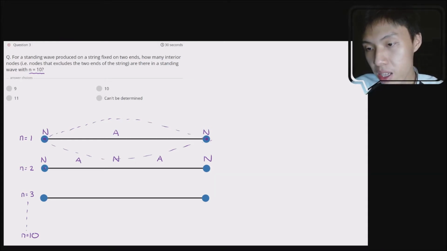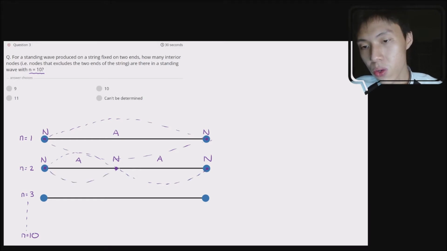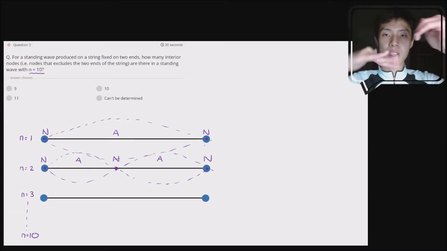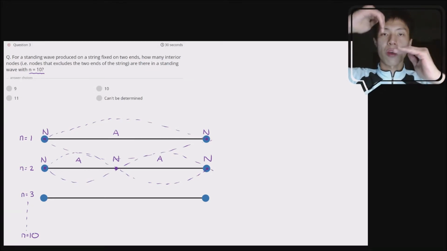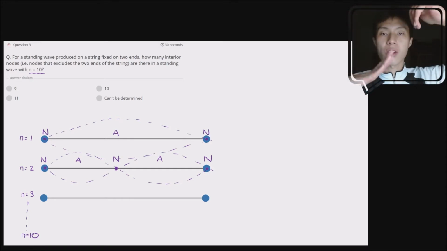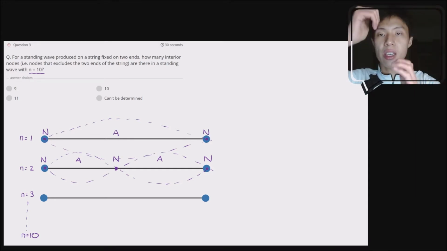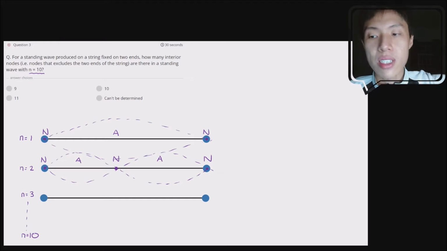Again, you know that at the node, the displacement must be equal to 0. Therefore, your wave should look like this. You'll probably see something like one up, one down. Then it goes like this. So this is the second harmonic or the first overtone.